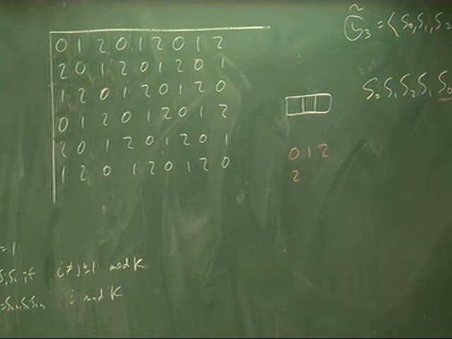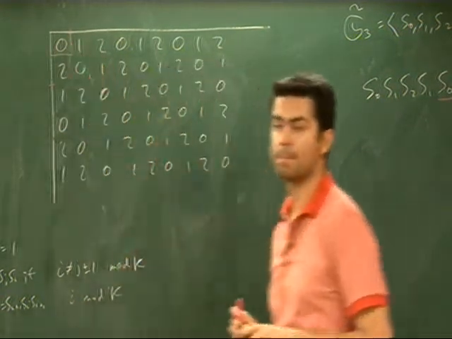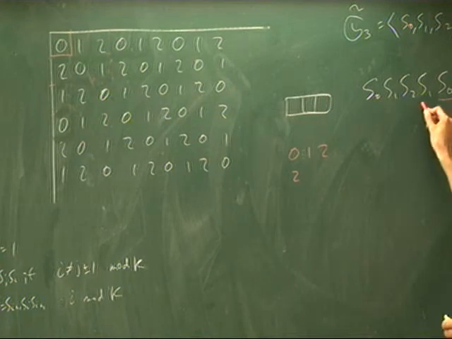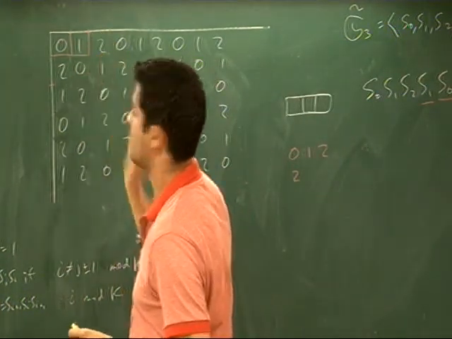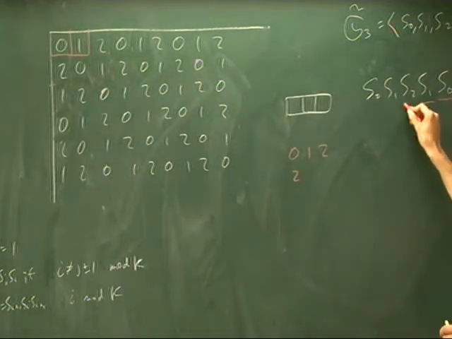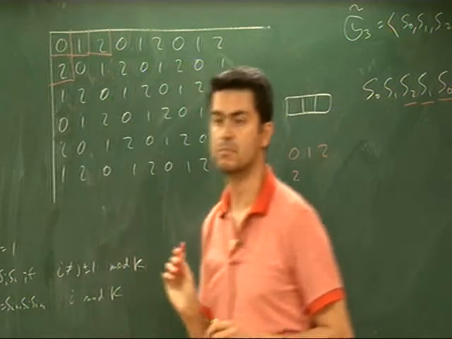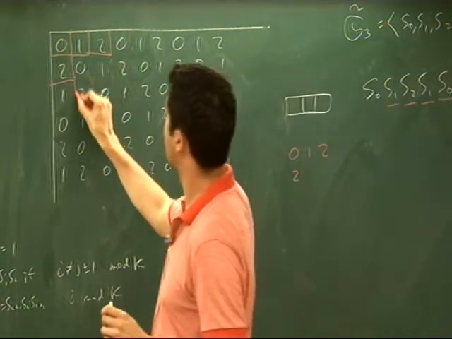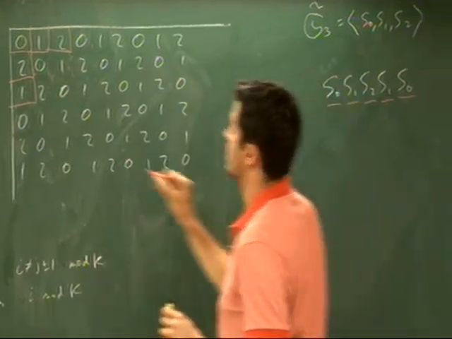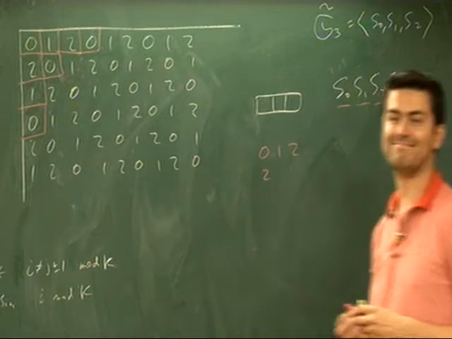I take this letter and I add all the zeros. I take this letter and I add all the ones. I take this letter and I add all the twos. You see what I'm doing? I take the next one and I add all the possible ones. And I take the next one and I add all the possible zeros.